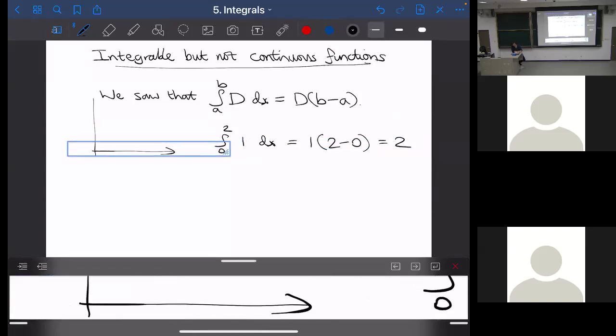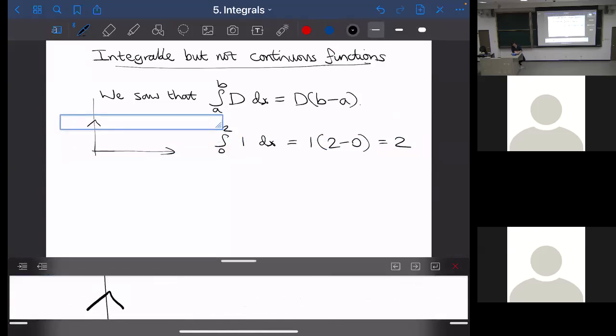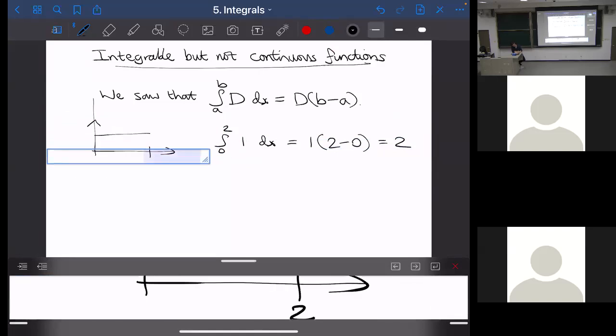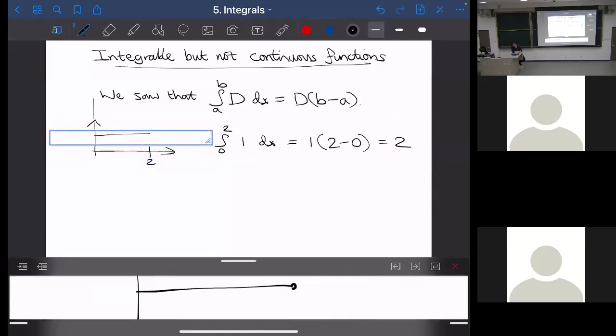So the function in this case is 1, like this.